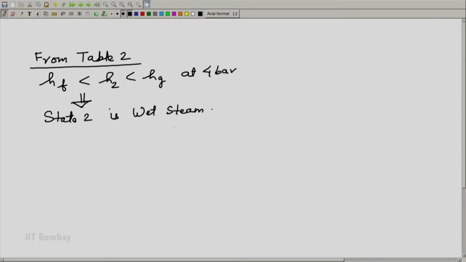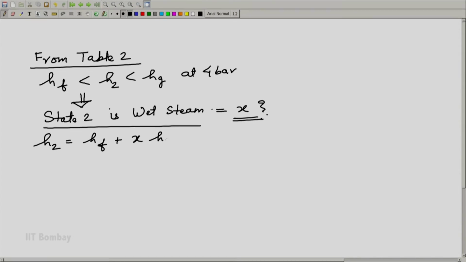The moment I say wet steam, I want to know the value of x, and therefore I use the formulation H2 is equal to HF plus x times HFG.